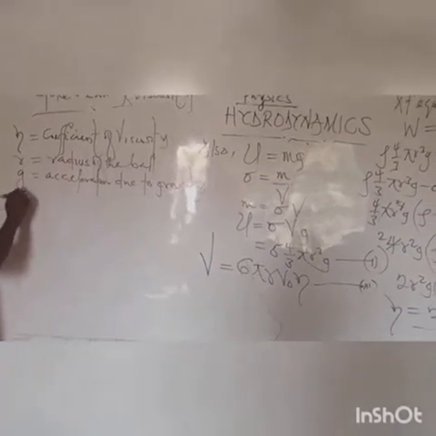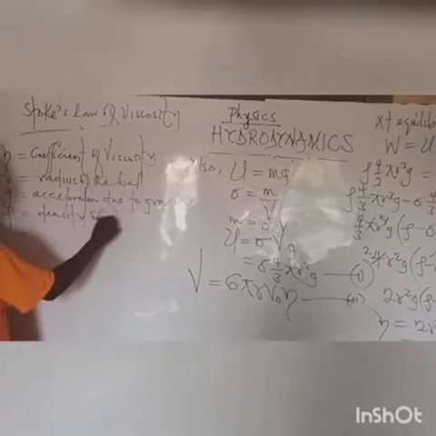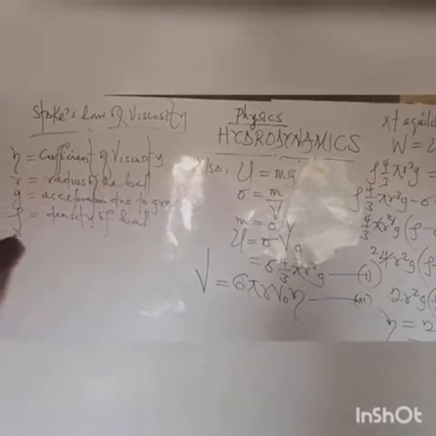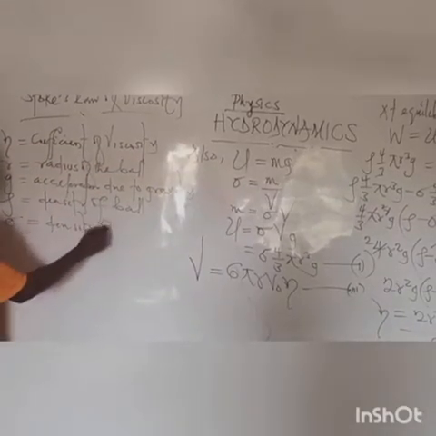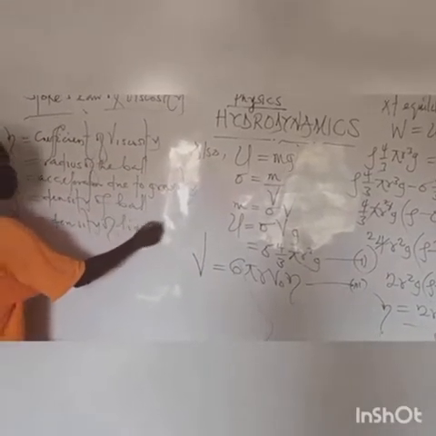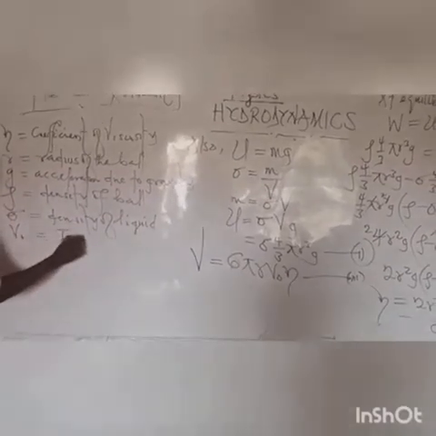Then rho is the density of the solid, the density of the ball. Sigma is the density of the liquid. V naught is the terminal velocity.